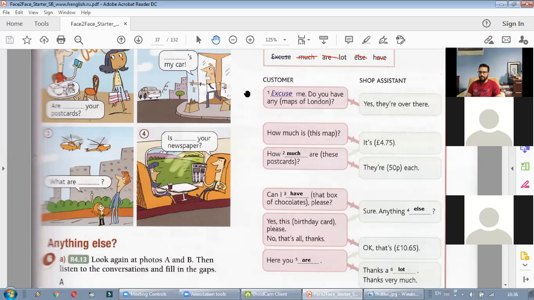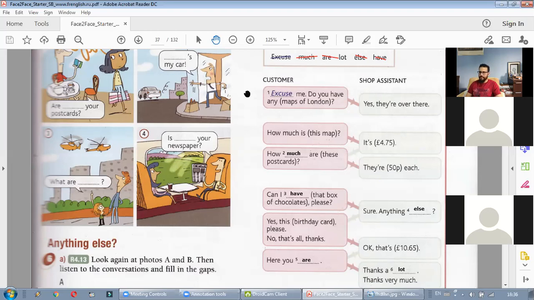How much is this map? It's £4.75. How much are these postcards? They are 50p each.